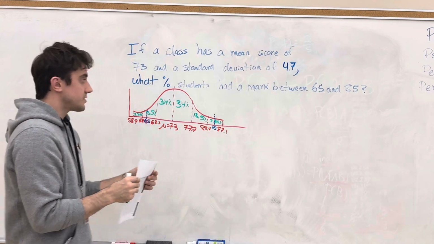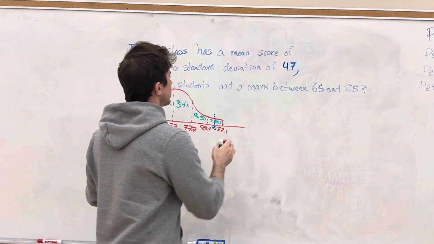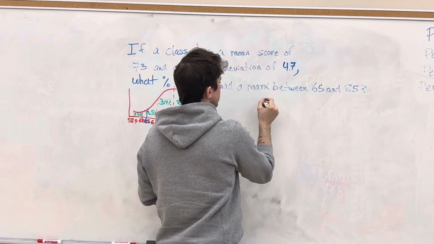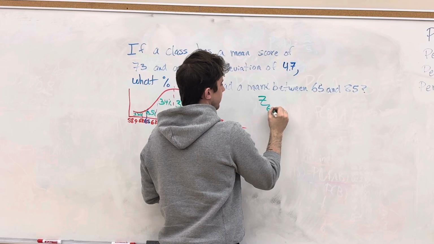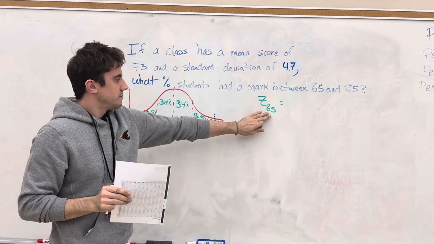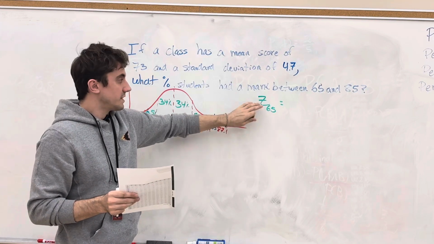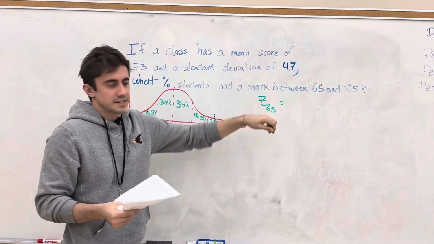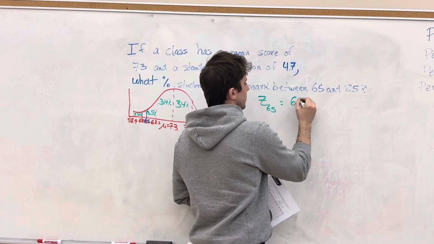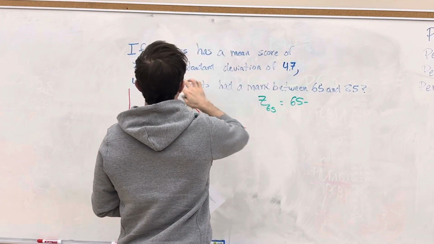And now we can use our z-scores to actually get a nice precise value. So let's start with 65. I'll do the z-score for 65. I like using this kind of notation, the z-score with a subscript of 65, just for notating the z-score for the value of 65, right? It is found by 65 minus the mean. The mean is 73.